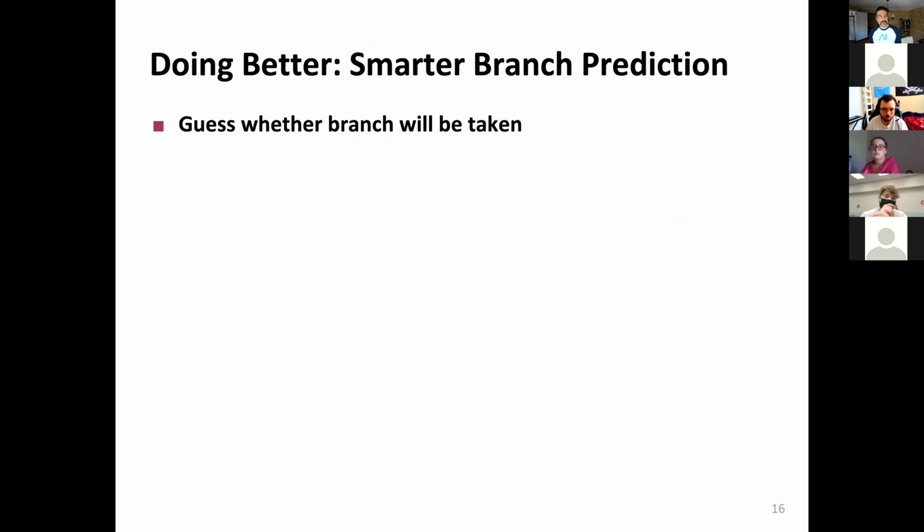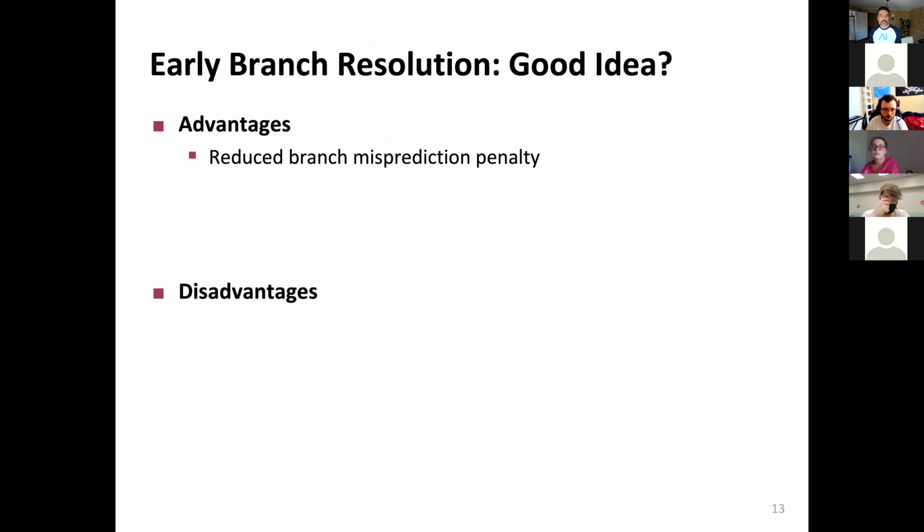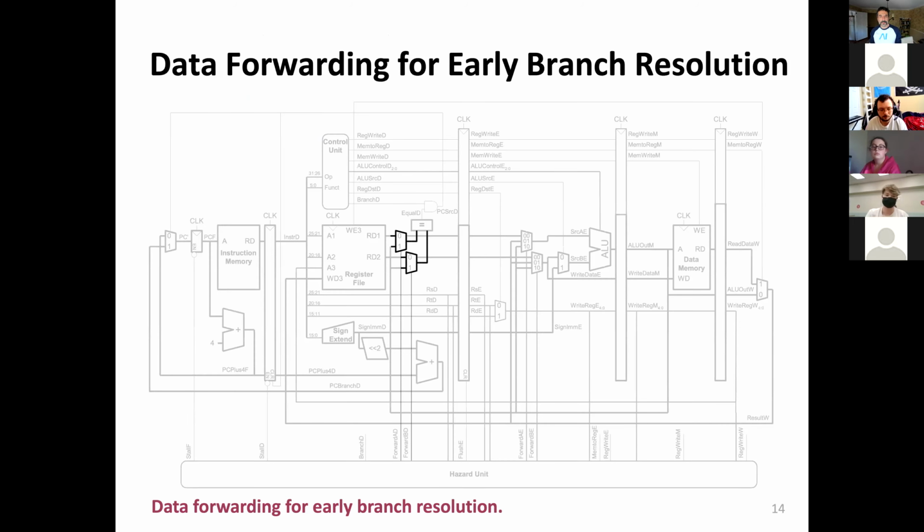In particular, I'm sure you remember data forwarding. For example, we needed to add some data paths and some muxes, and for early branch resolution, we added a gate to check the equality. So these were implemented at the hardware level, but it doesn't mean that they have to be.